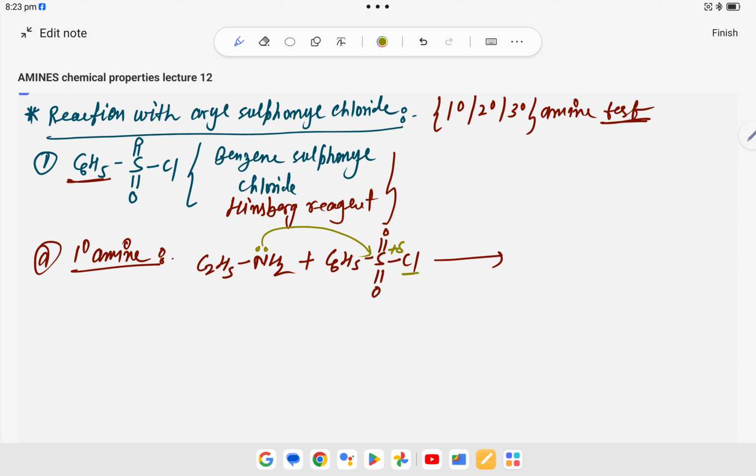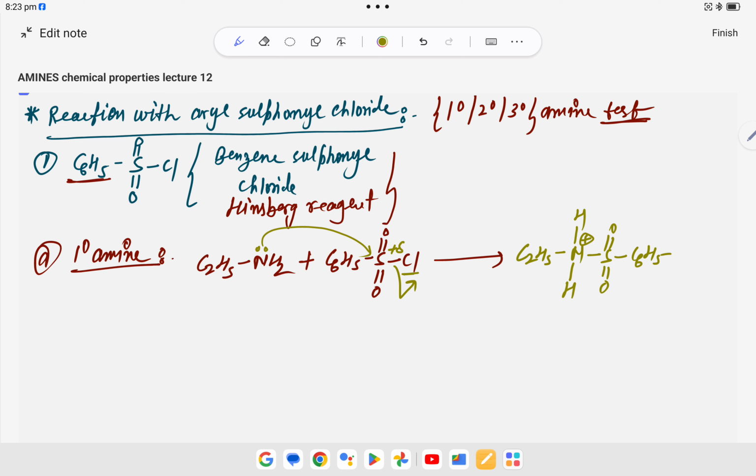This species attaches to sulfur, and chlorine takes the electrons and leaves. So you get C2H5, nitrogen with 2 hydrogens and a positive charge because it is donating electrons, then sulfur with 2 oxygens and the aryl group.